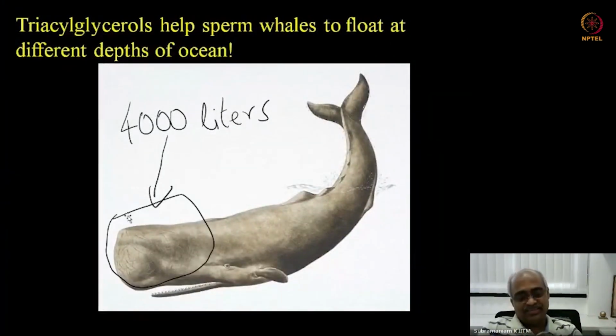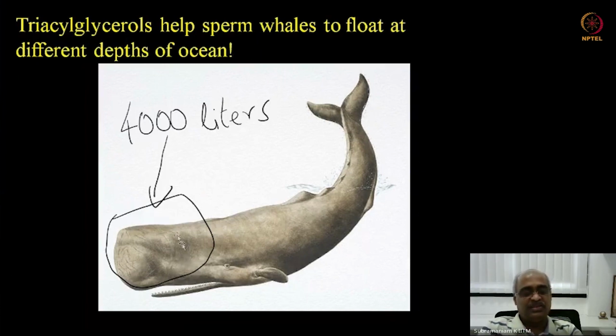So why is this whale storing so much fat there? That is primarily because its triacylglycerol has a happy mixture of chain length and degree of unsaturation. When it is at the surface, at the air-water interface, it is warmer, so this fat will be liquid.